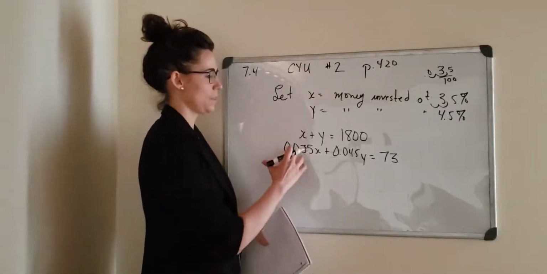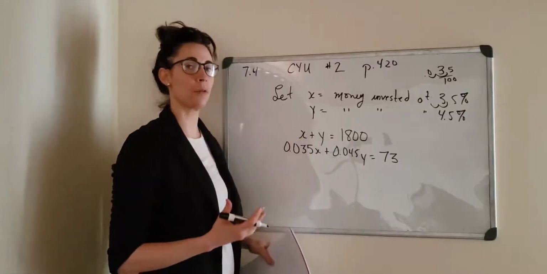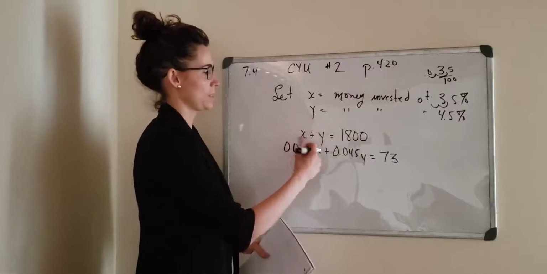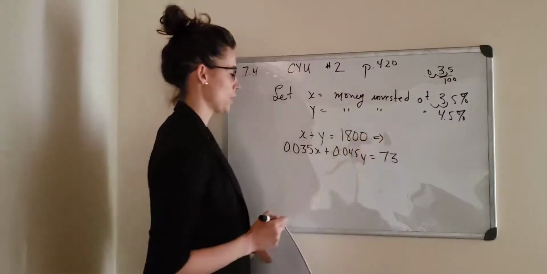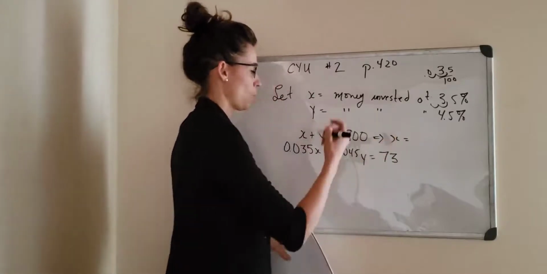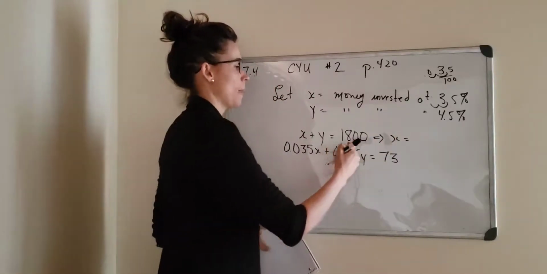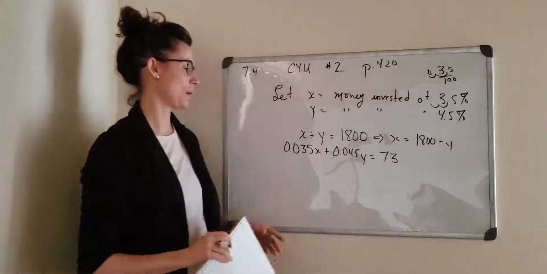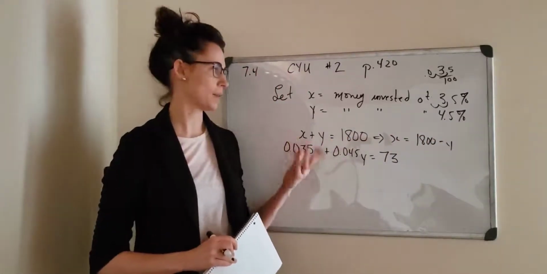This is nice because our x and y have no coefficients, so we can easily isolate one of them. Let's pick x, no reason. x is equal to 1,800 minus y. If you had picked y, it would be 1,800 minus x.